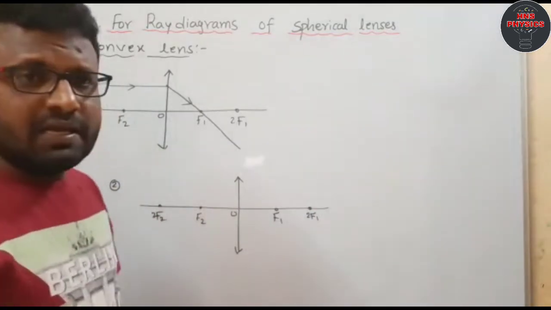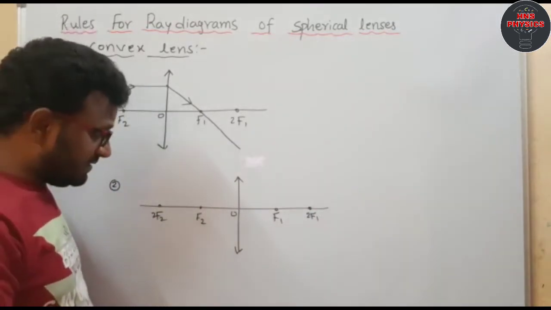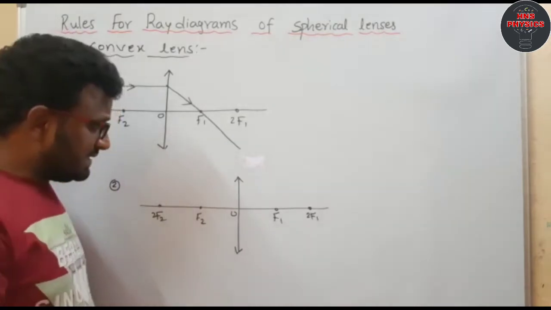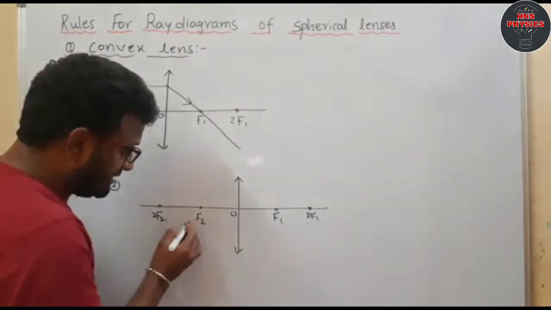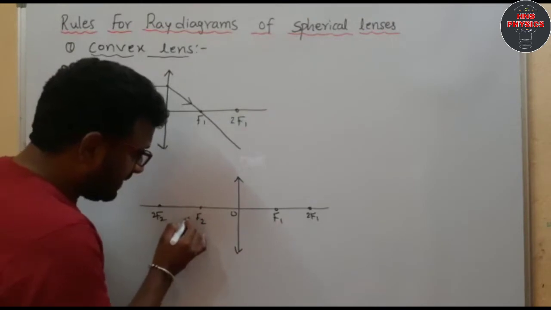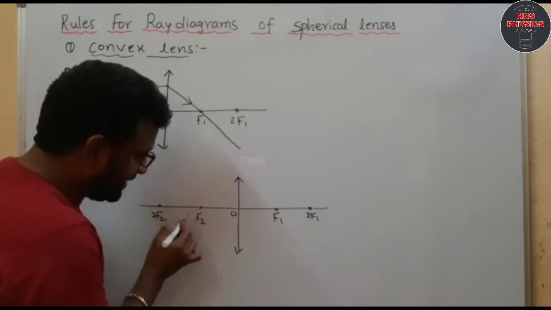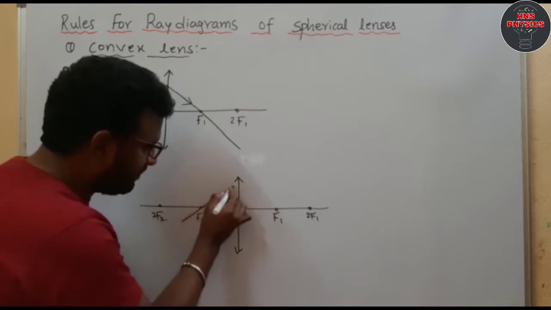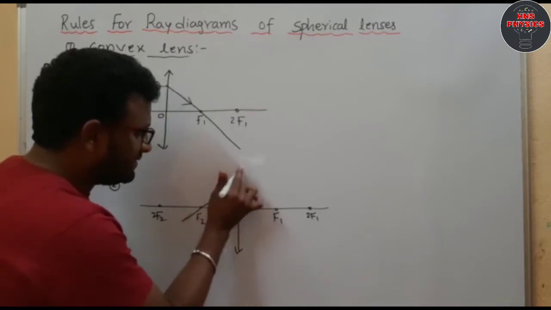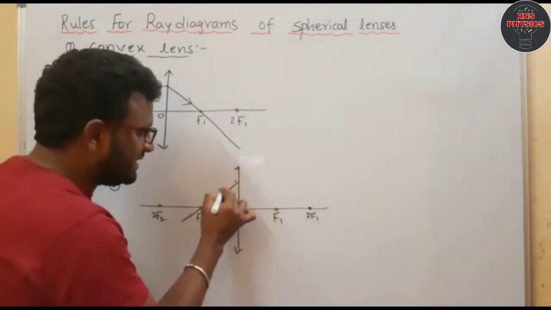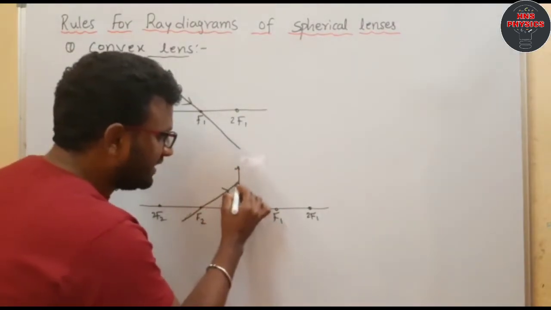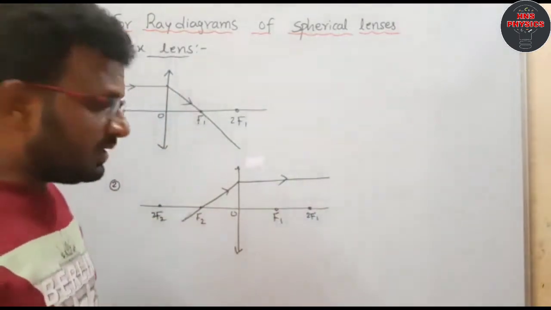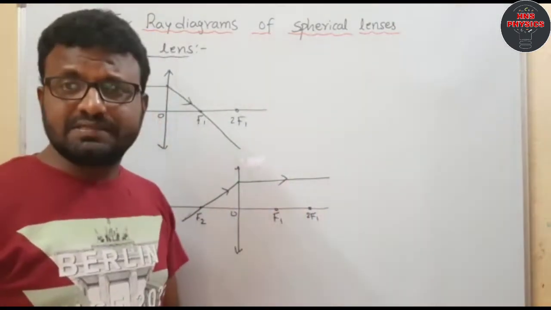Here, if any ray of light initially passes through the second principal focus of the lens, that means your ray is passing through the second principal focus of the lens, and the ray is incident on the lens, after the refraction, the refracted ray passes parallel to the principal axis.